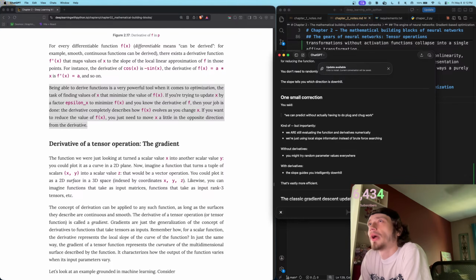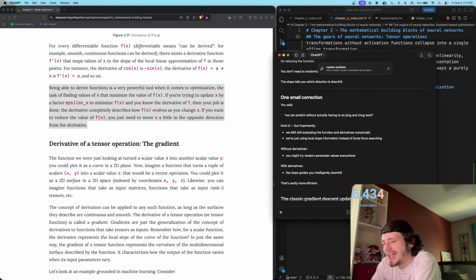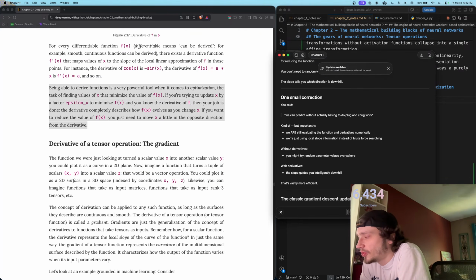So my question is more theoretical or conceptual. How does this apply to every x value in the function?